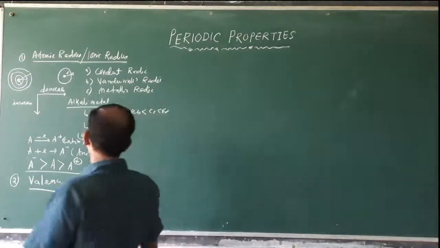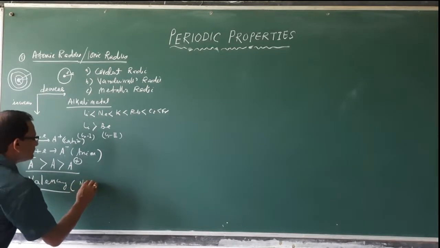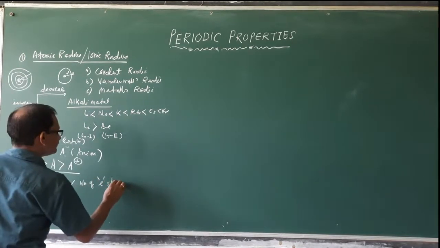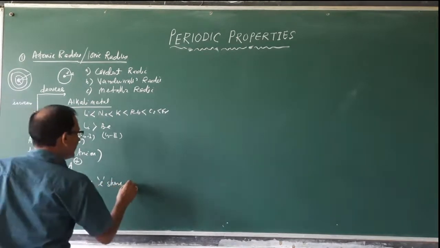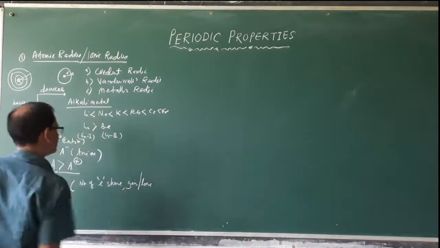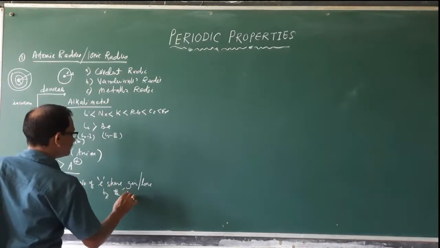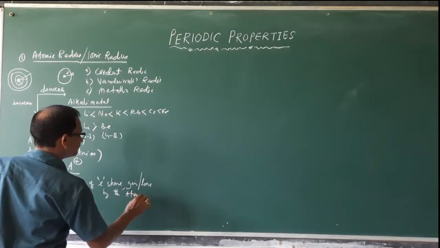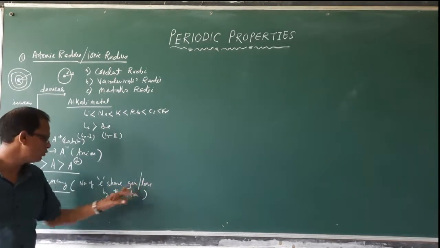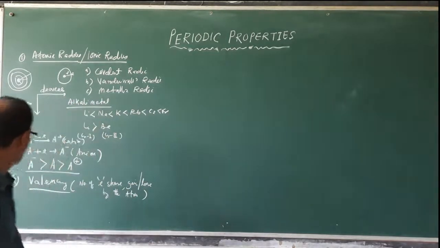So valency is generally expressed as the number of electrons shared, gained or lost by the atom. Number of electrons shared, gained or lost by the atom is equal to its valency.